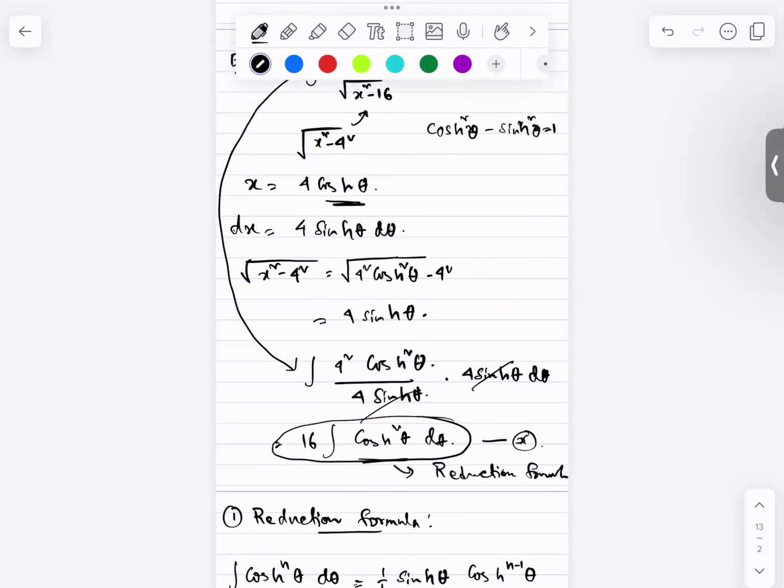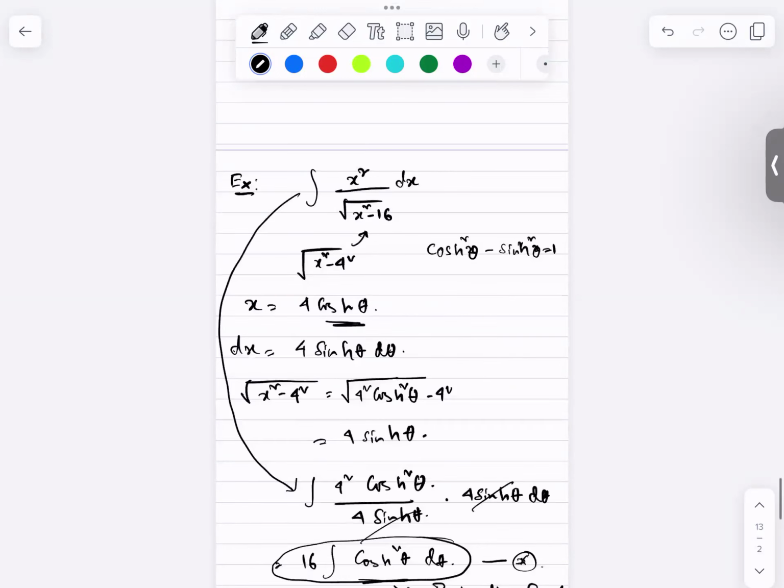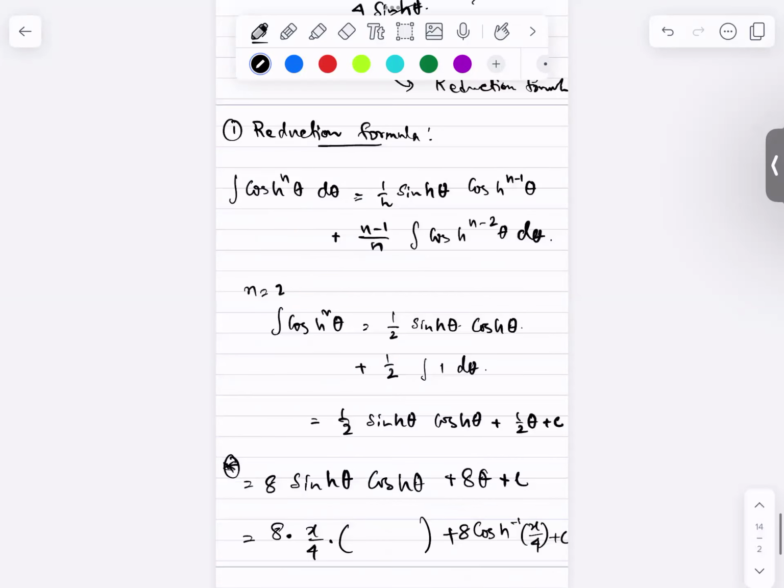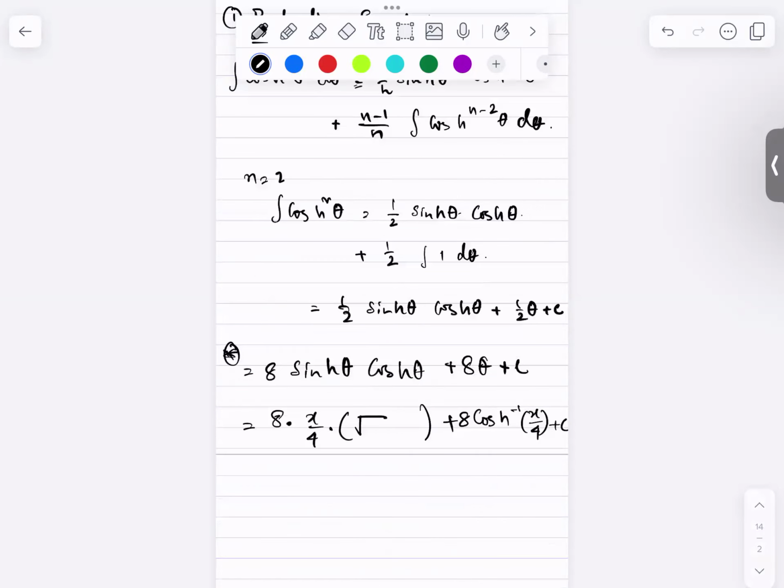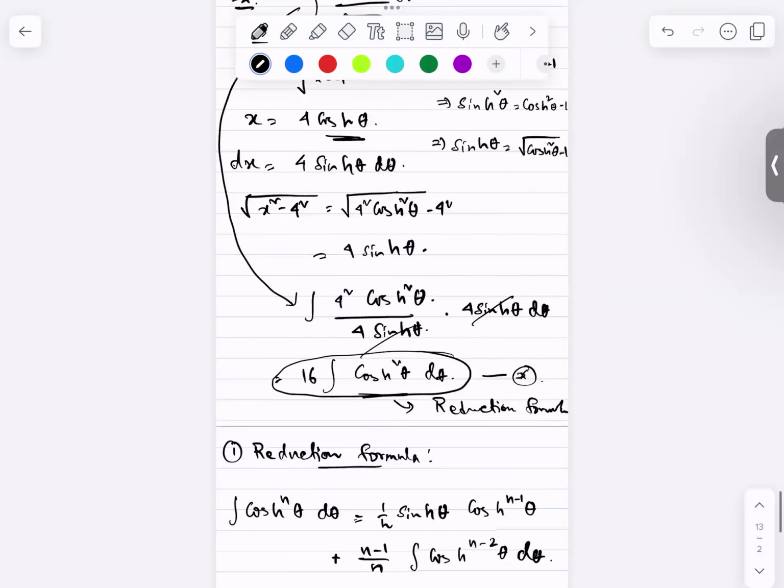So sine hyperbolic theta is basically the square root of cosine hyperbolic square theta minus 1. So it will be square root of x squared over 16 minus 1, right?